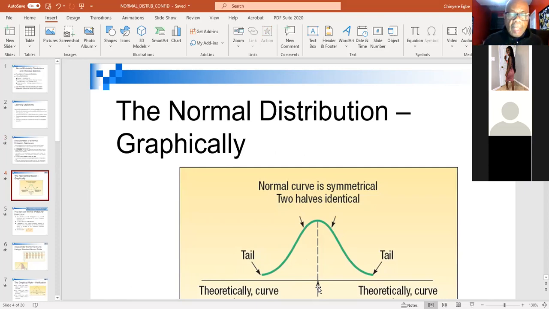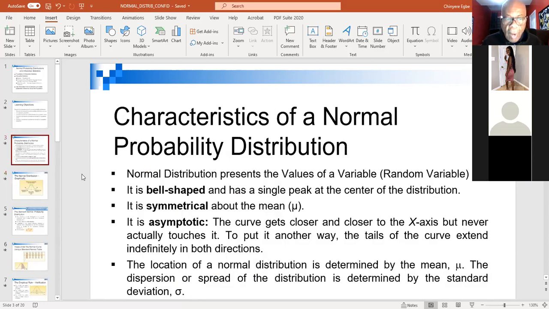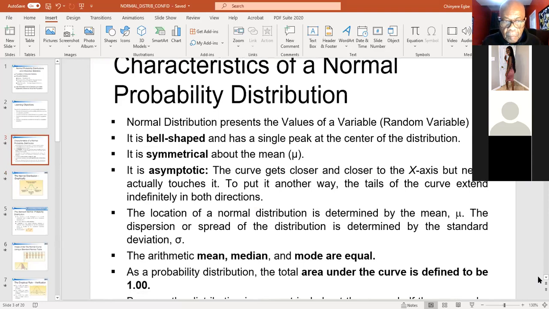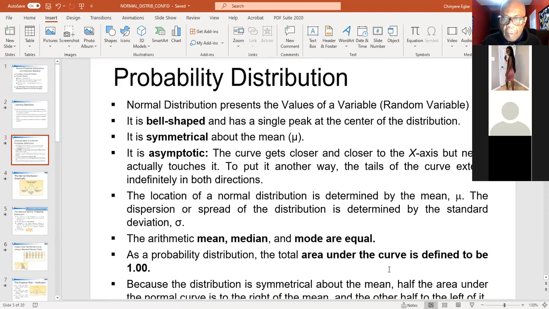So, for example, 50% of the values of a normally distributed variable are on the left side, and 50% are on the right side. The area under the normal curve is always 1.